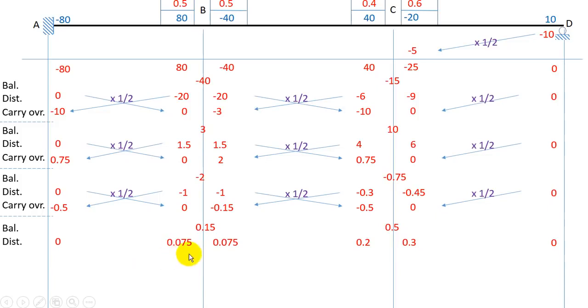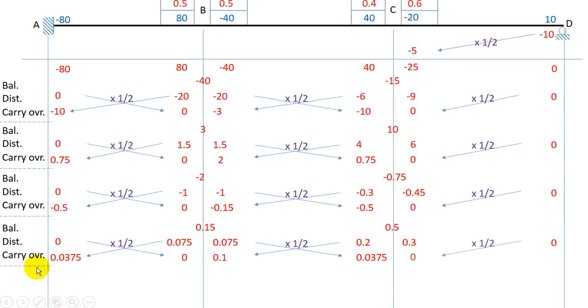If we see here, we are getting 0.075 and 0.075, which is quite low. So we can actually stop our iterations here. We just complete the whole iteration process, up to the third step of the iteration itself. Now we are getting quite low values.